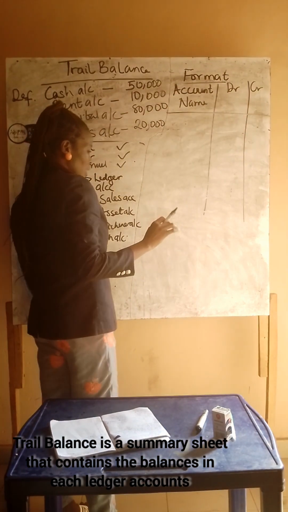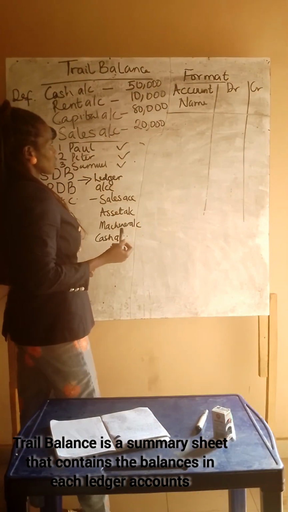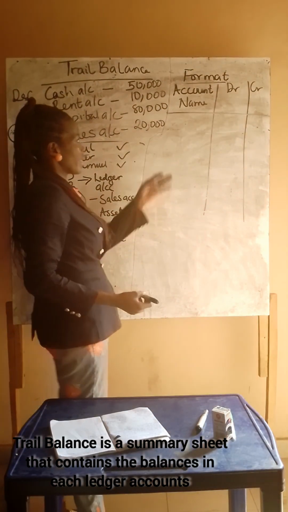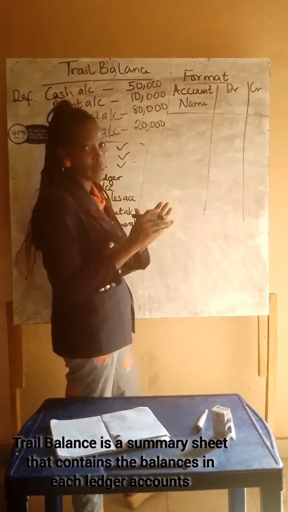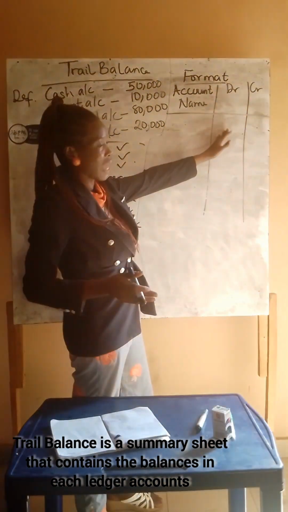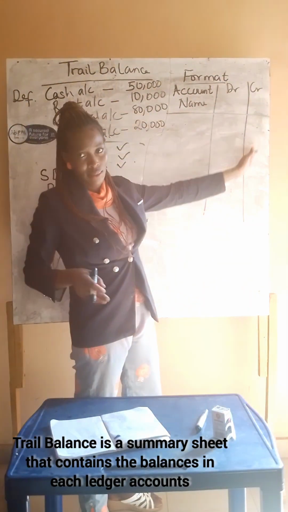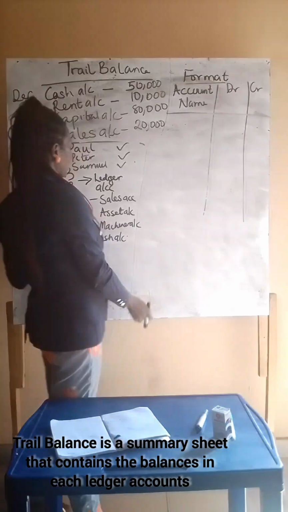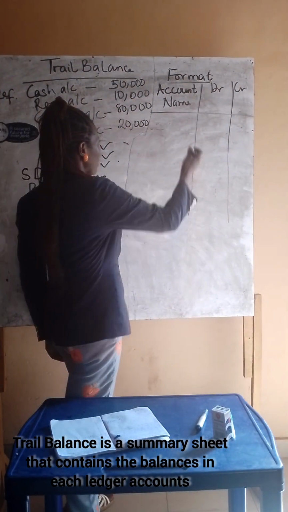But the next question I will ask myself is, because you know that this trial balance has a debit and a credit, meaning that all the debit balances will go to the debit side, and all the credit balances will be recorded on the credit side. Are we together? So first of all, you have to start with the name of the account.